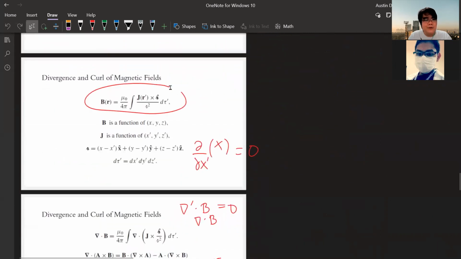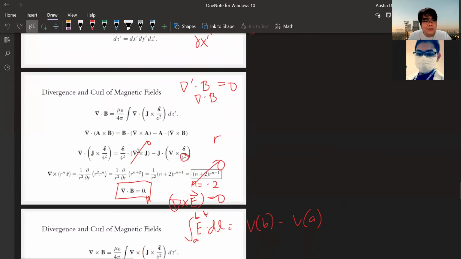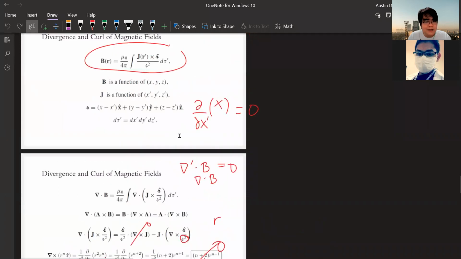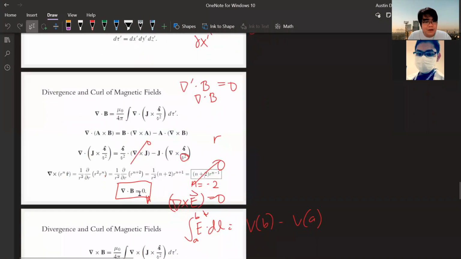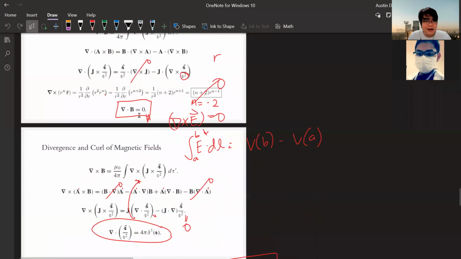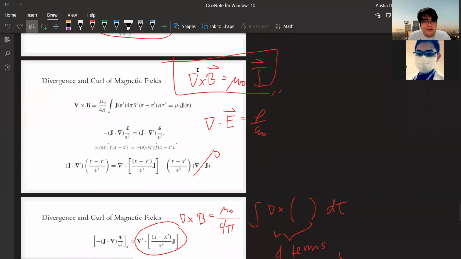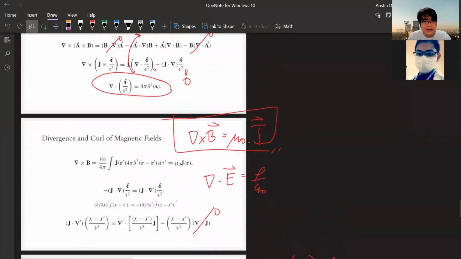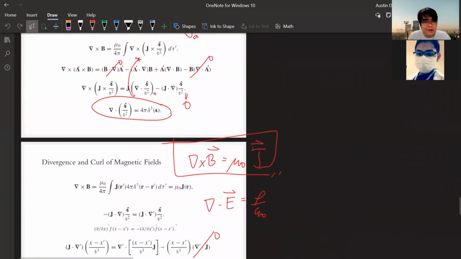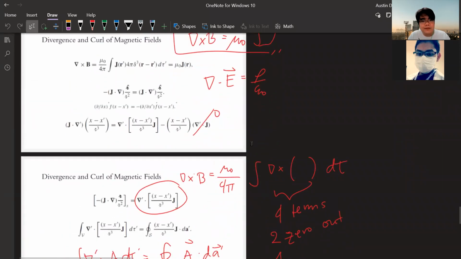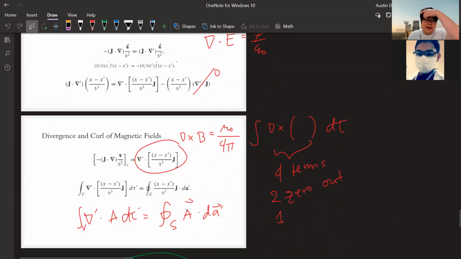Una, ginawa natin na yung del dot B equal 0. Yung divergence ng magnetic field, 0 siya. And then yung curl, may nakuha tayong value, which is yung del cross B is equal to mu naught J. Doon na tayo na-stop.